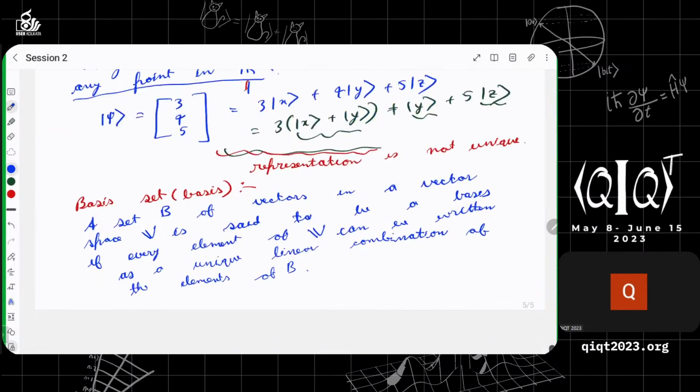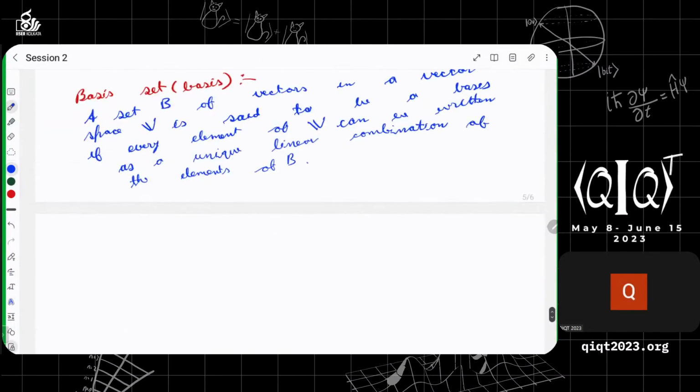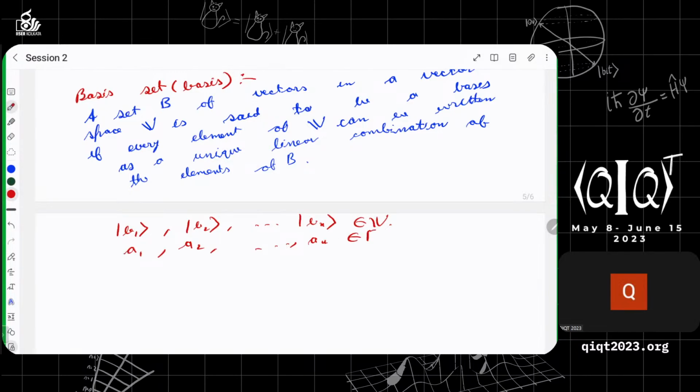So basically, if I have certain elements in the basis set, so some vectors say b1, b2 up to bn, and we have some scalars also, which are members of the field.